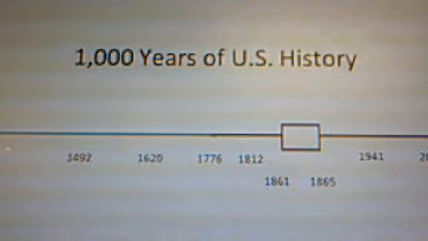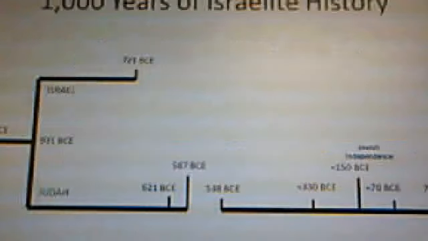Please notice that going from left to right, the numbers increase because, like in a normal number line, we are in the positive end. We are AD or CE. We're going to do the same thing with Israel's history.